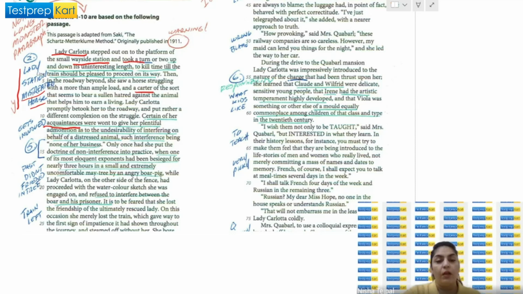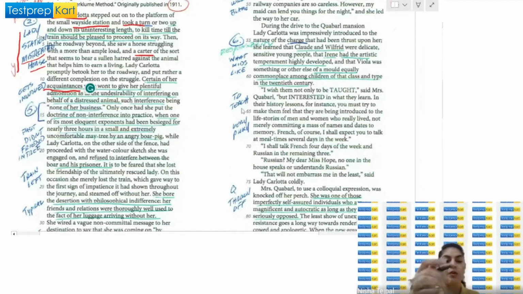When one of its most eloquent exponents had been besieged for nearly 3 hours in a small and extremely uncomfortable may tree by an angry boar pig, while Lady Carlotta on the other side of the fence had proceeded with the watercolor sketch she was engaged on and refused to interfere between the beau and his prisoner. So, a long passage with a long sentence.